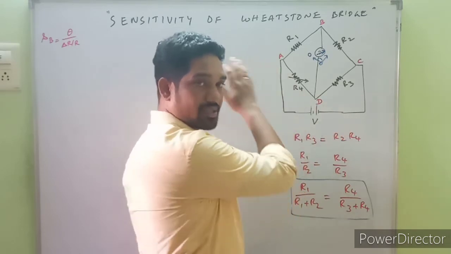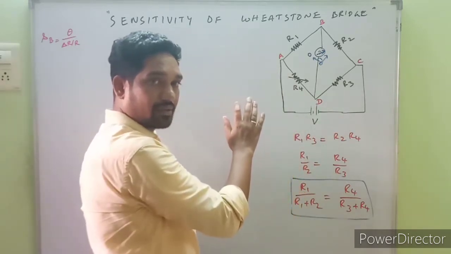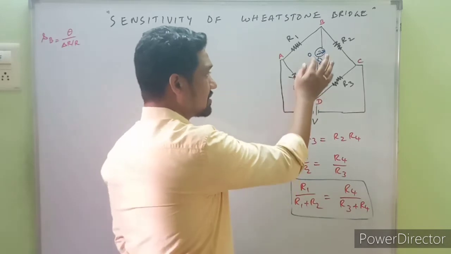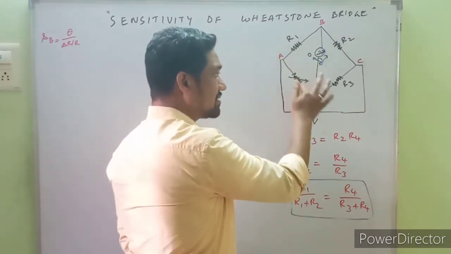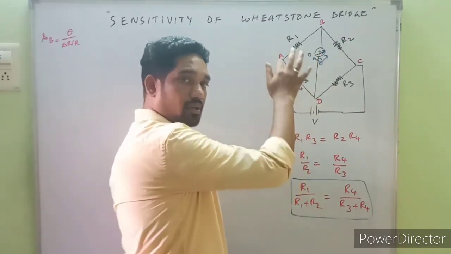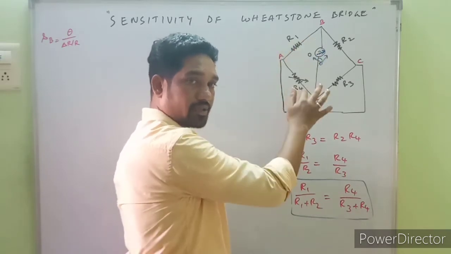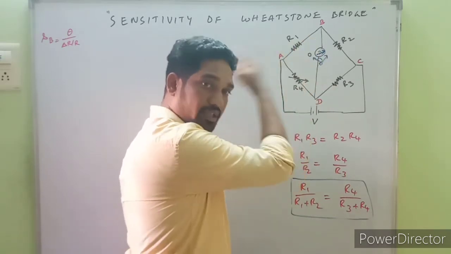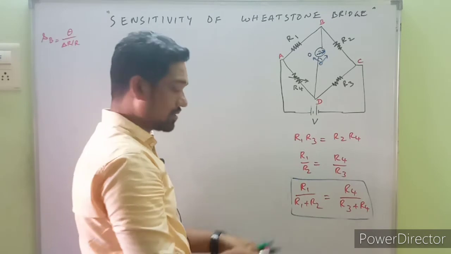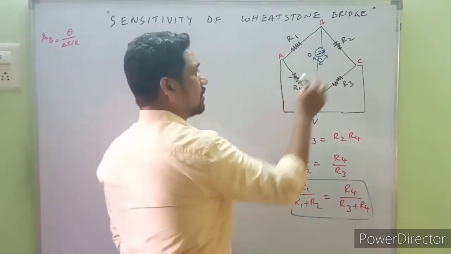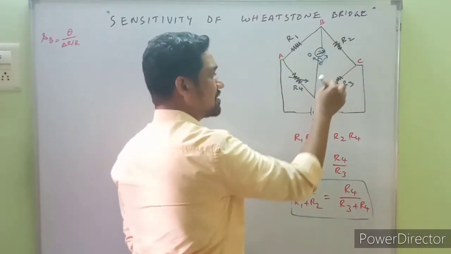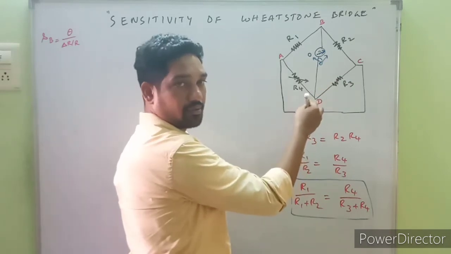All this analysis is done by just slightly unbalancing the bridge, causing a little amount of current to flow through the detector, and obtaining the deflection. Then we calculate all these. That can be done when all four resistances are equal, with no current through the detector.